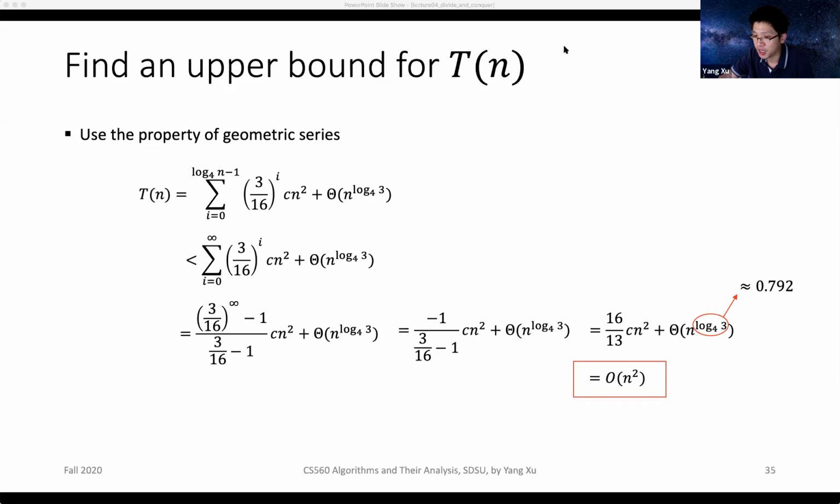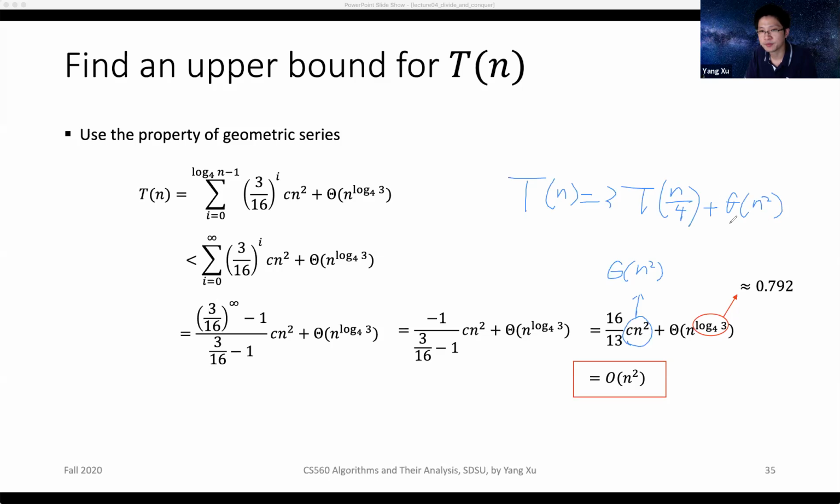We first remove the big theta and replace it with c times n squared, okay? So this c times n squared actually represents the cost related to the big theta of n squared in the original recurrence, because the original recurrence says T of n equals 3 times T of n over 4, plus some theta of n squared, right? That's what we have in the original form.